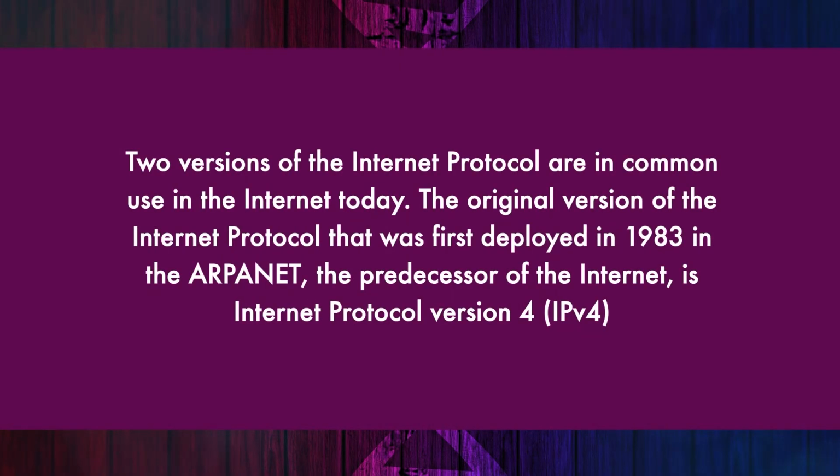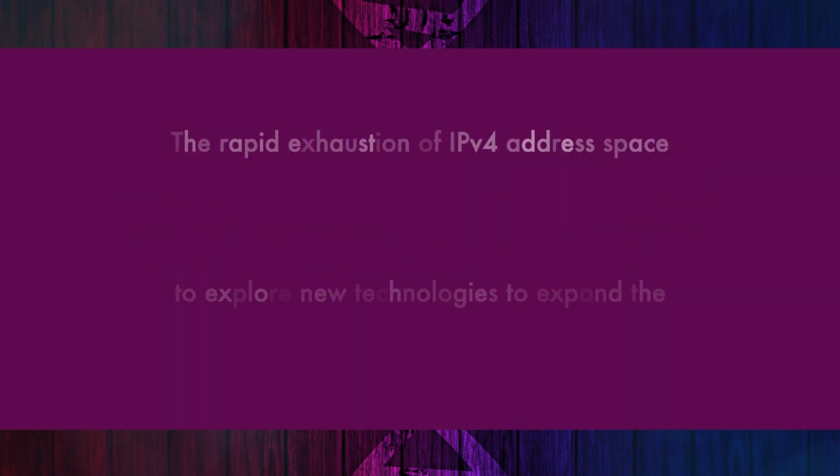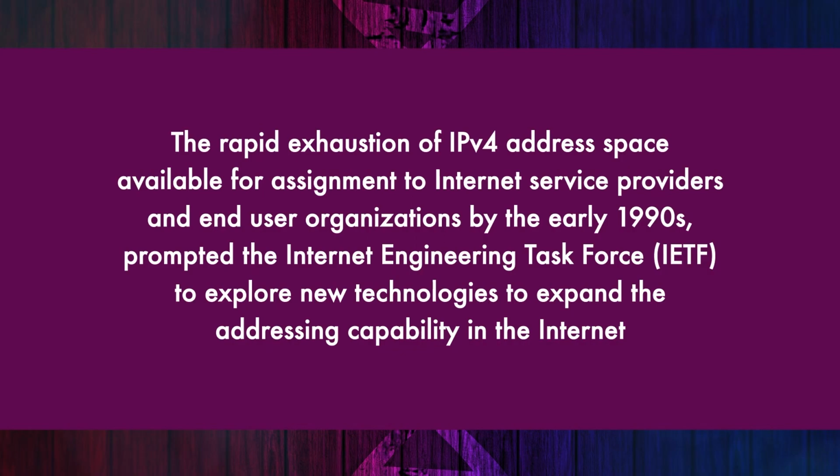Two versions of the Internet Protocol are in common use on the Internet today. The original version of the Internet Protocol, first deployed in 1983 in the ARPANET, the predecessor of the Internet, is Internet Protocol version 4. The rapid exhaustion of IPv4 address space available for assignment to Internet service providers and end user organizations by the early 1990s prompted the Internet Engineering Task Force to explore new technologies to expand the addressing capability in the Internet.